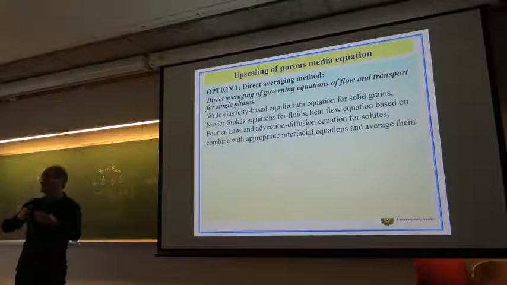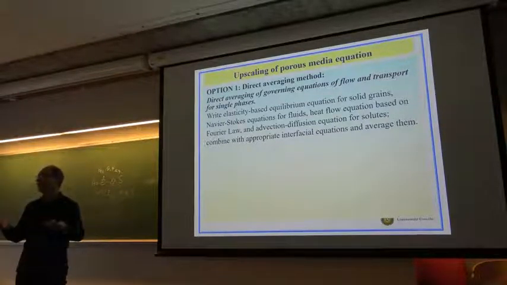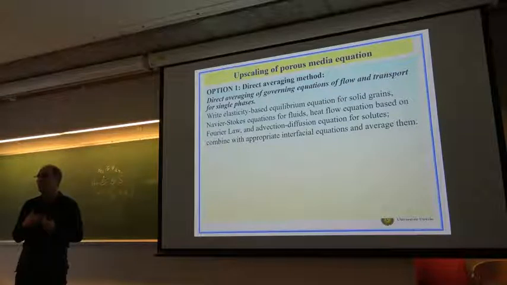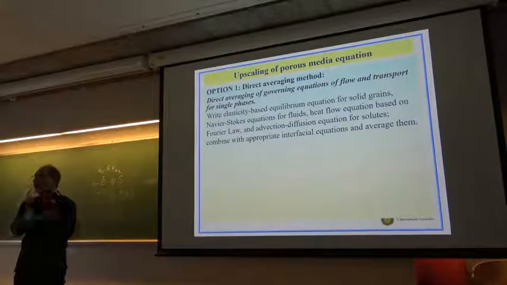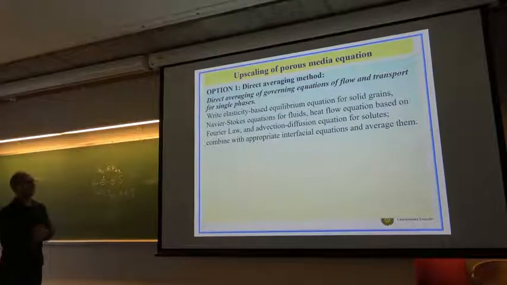When you take the average, you get a lot of extra terms. You don't know what they are. Do you know what they do? They make appropriate assumptions to show that they are, or to assume that they are negligible. You throw them away. And in fact, you make appropriate assumptions in order to get Darcy's law. So it's not the way I like it. I like to be able to follow a procedure and obtain results that I don't know I have to get. So I'm not a fan of that.